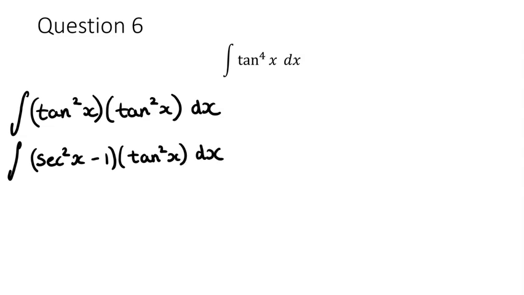Okay, so that's just from your trig identities that you should have learned in year 13, that 1 plus tan squared is sec squared, and just rearranging that. Okay, now I'm then going to multiply this all out to give me the following.